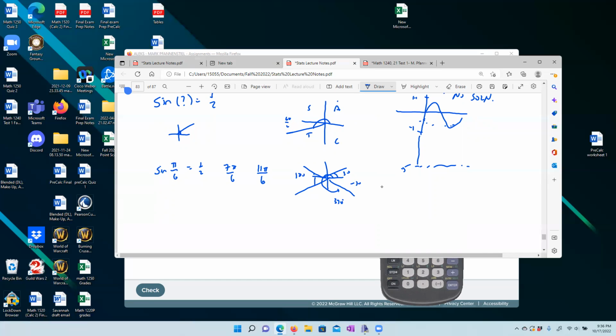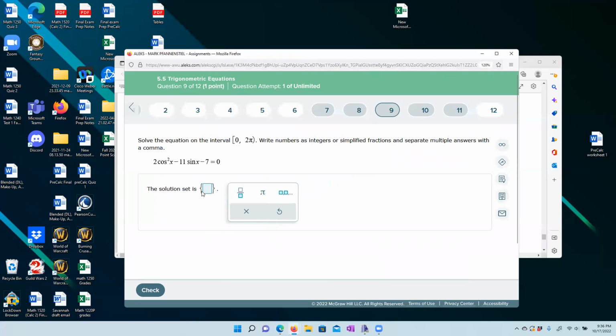I'm not going to give you a hard and fast rule for how to get onto this, but once you know it's 30 degrees, you have to be able to flip this around to whichever quadrant you're looking for. So those are my answers: 7 pi over 6, 11 pi over 6.